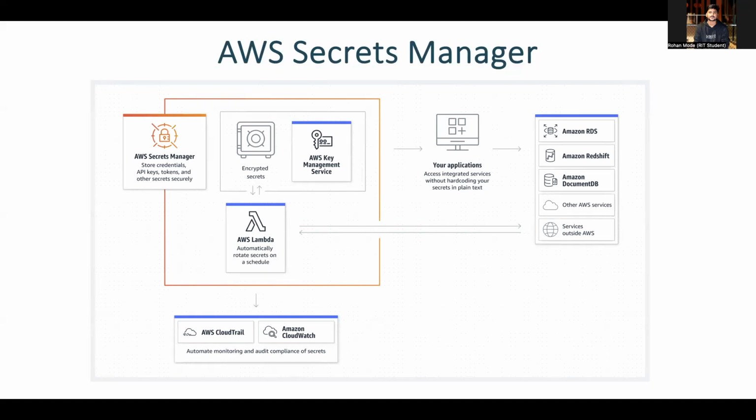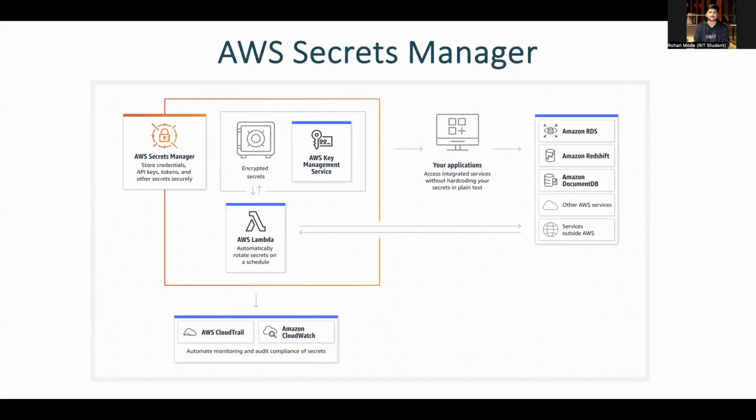Now AWS Key Management Service encrypts and decrypts the secrets stored in Secrets Manager to keep them secure. So even if someone gets access to the secret, they can't read it without decrypting it using the Key Management Service.